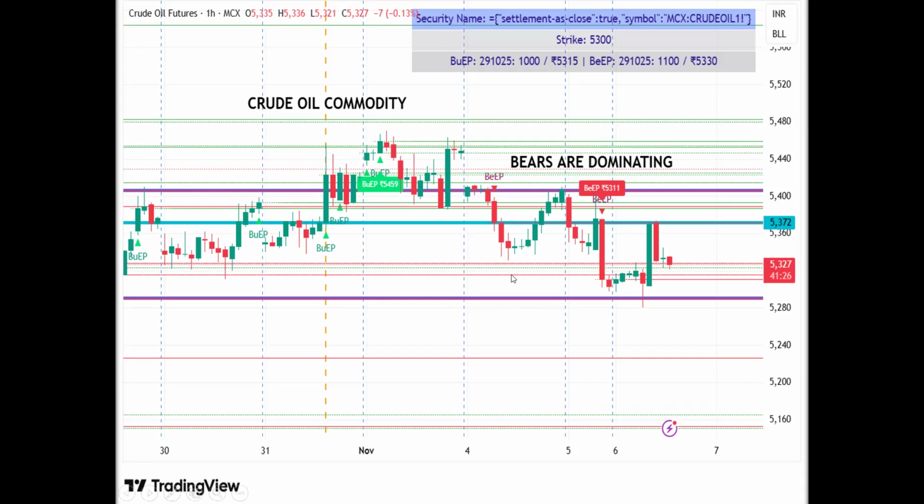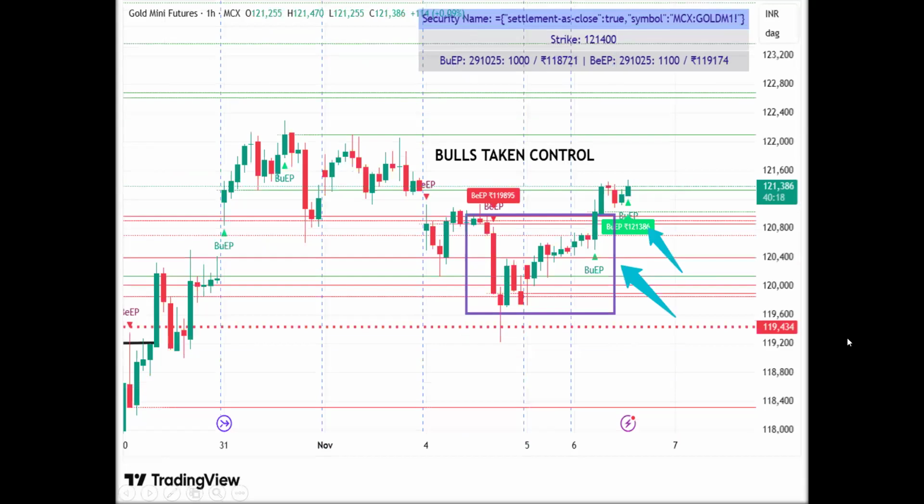I am showing you the example actually. It works through multiple assets, that's why I have taken commodities, crude oil, and gold. Gold had come down.